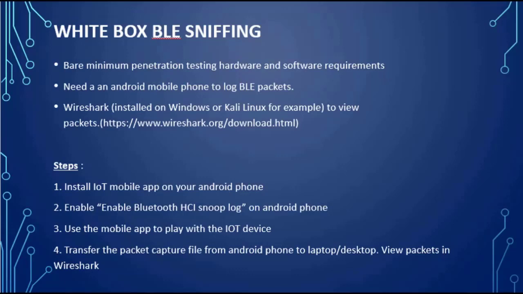And through the packet review that we will conduct within Wireshark, we can have a look at the packet capture or the communication to note any instances where any passwords are being sent or any critical information is being sent or exchanged between the two BLE devices like a smartphone and a smart lock or a smart bulb.